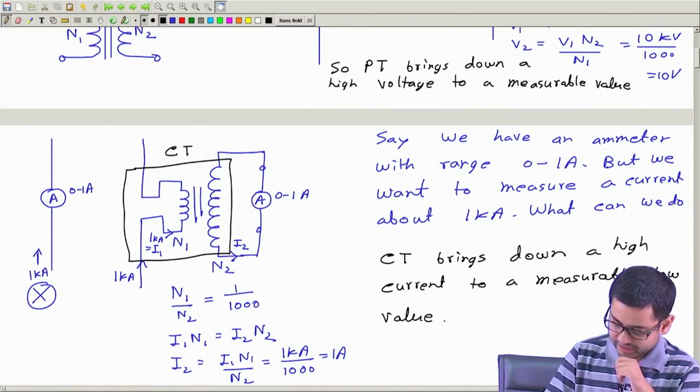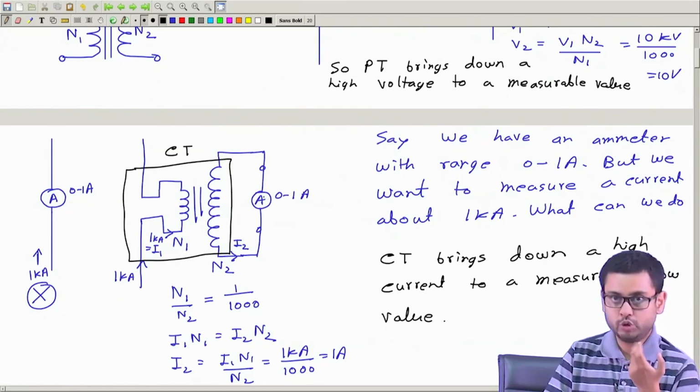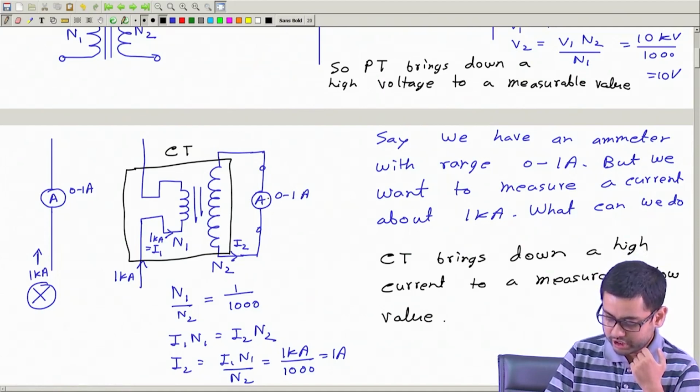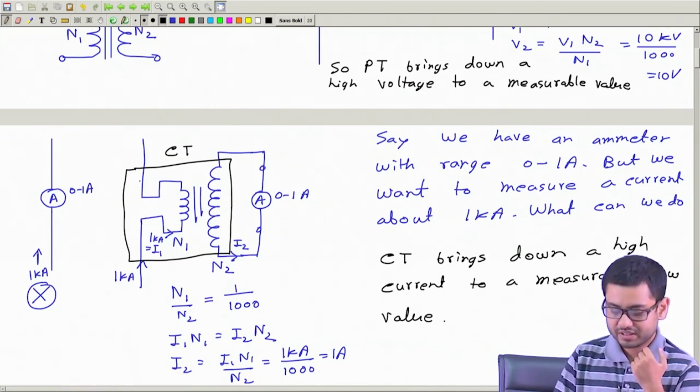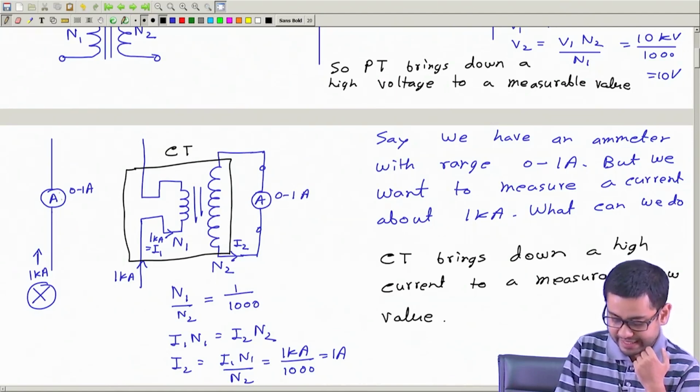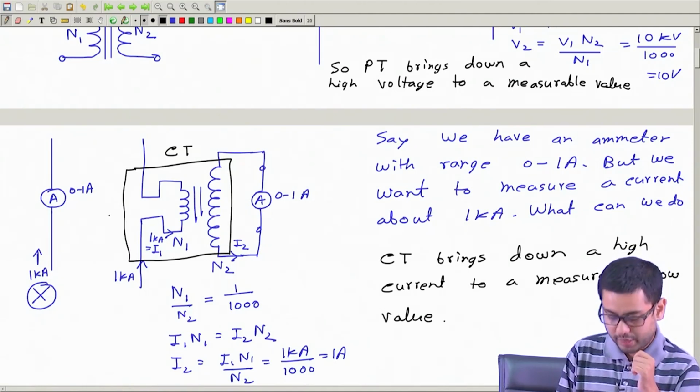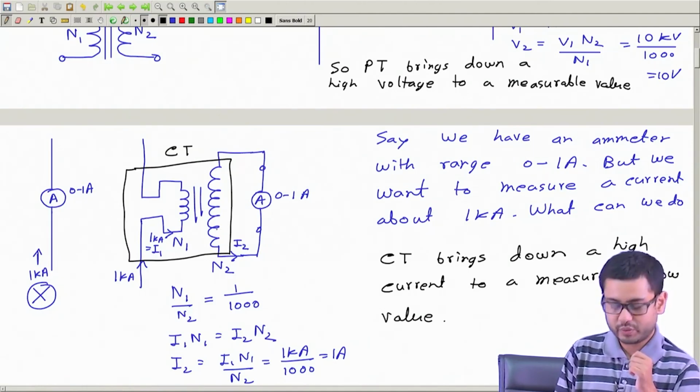So therefore, if you want to change this ammeter due to any reason, you do not have to operate with this 1 kiloampere line. You can do everything on the secondary side. If we had the ammeter connected directly in this 1 kiloampere line, and if we want to replace it, we have to disconnect this power supply and this current line, then have to insert a new ammeter, which we do not need here.